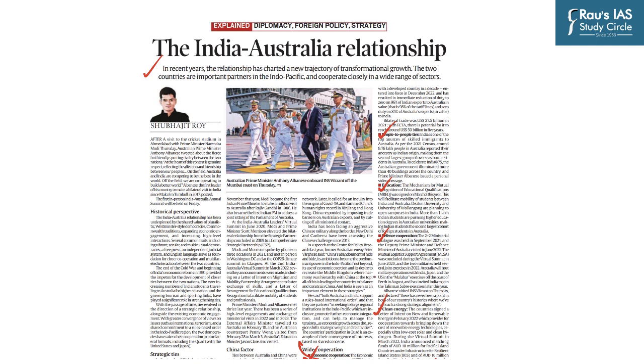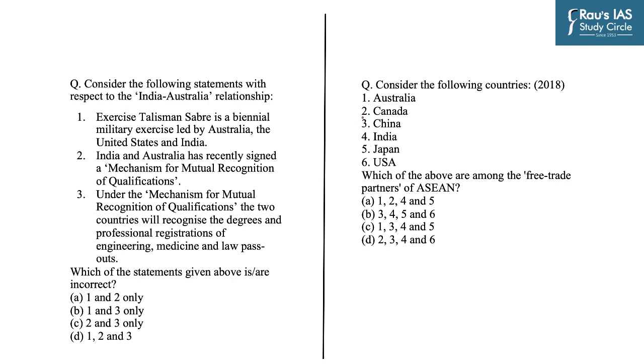India-Australia relationship. But UPSC, being the unpredictable public service commission, can also go into questioning the India-Australia relationship even at the prelim stage. For example, in 2018, there was a list of countries given and you were asked to identify which of the above were among the free trade partners of ASEAN nations.